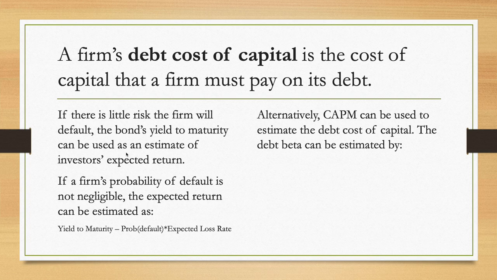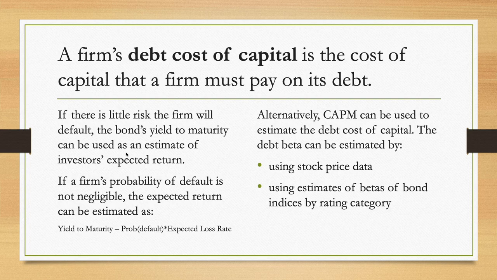Because loans and corporate bonds are traded infrequently, in practice we can rarely obtain reliable data for estimating debt betas directly. Instead, the debt beta can be estimated by using stock price data or using estimates of betas of bond index by rating category.